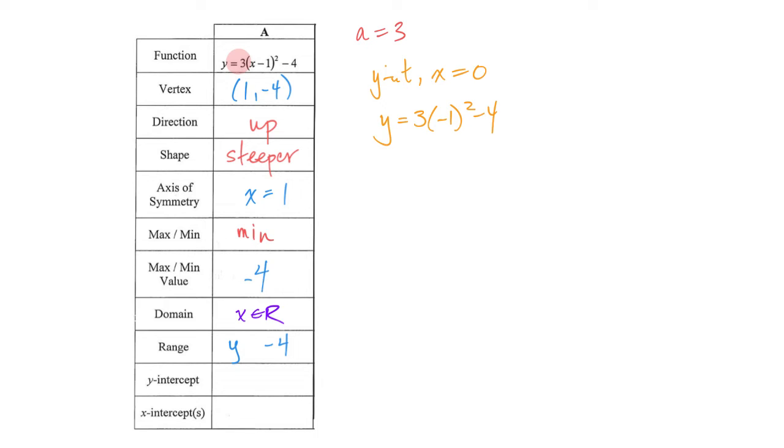Just make sure that we don't do something silly and say, well, 3 times negative, okay, so -1 squared is -1. As long as we don't have a hiccup there, -1 squared is 1. And we come in on a y-intercept of -1.